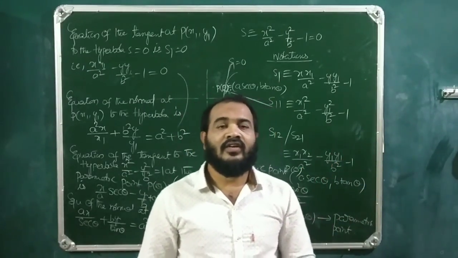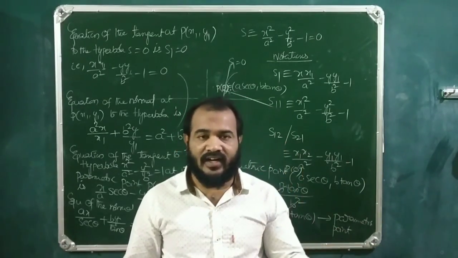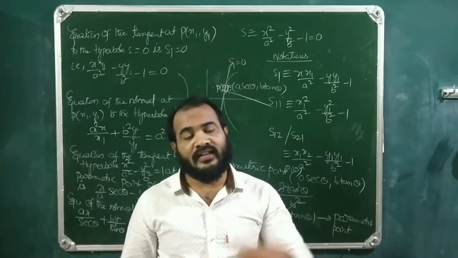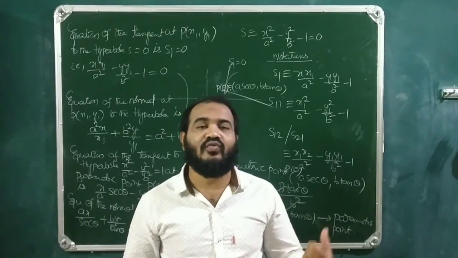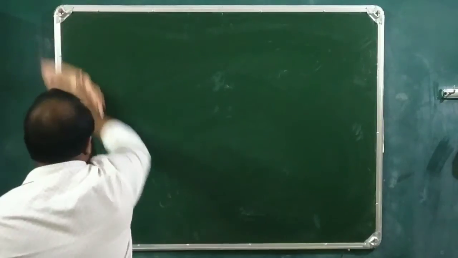This is the slope form of the tangent, and the tangential condition is c square equals to a square m square minus b square. There in the ellipse it is c square is equals to a square m square plus b square, which is the only difference.